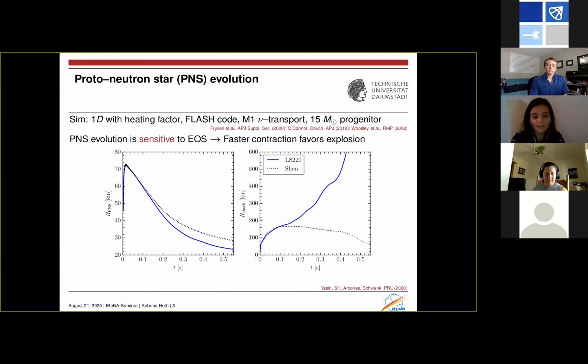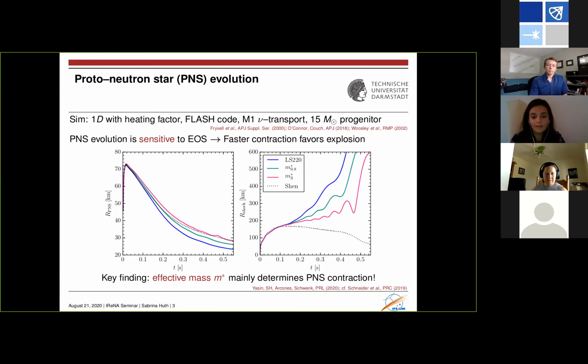In this first study, we showed that the proto-neutron star contraction is mainly governed by the nucleon effective mass. This means if you use the underlying theory of the Lattimer-Swesty equation of state and then only vary the nucleon effective mass, for this we have here two models.